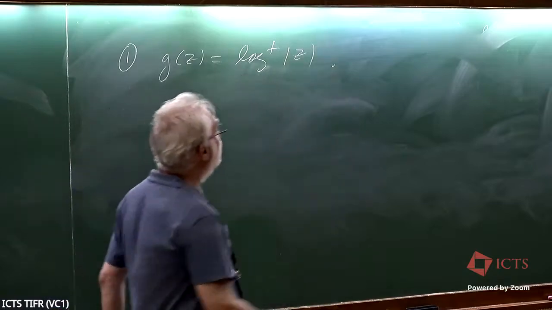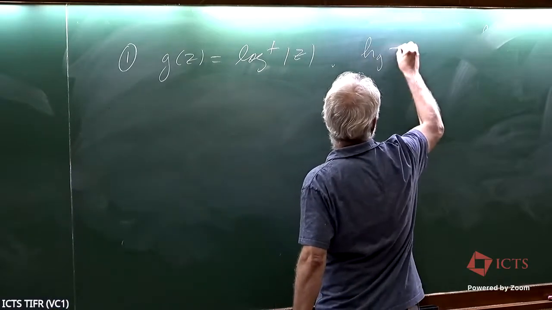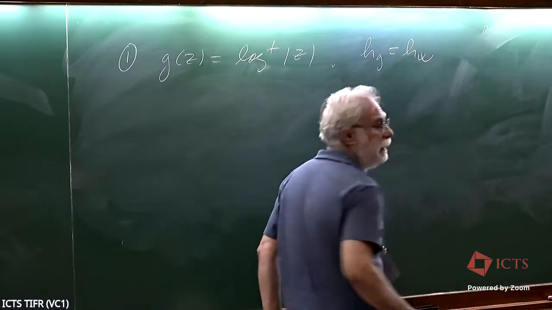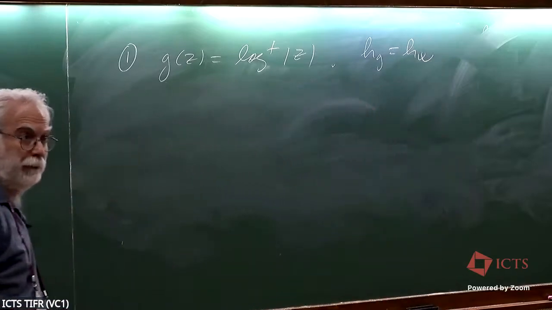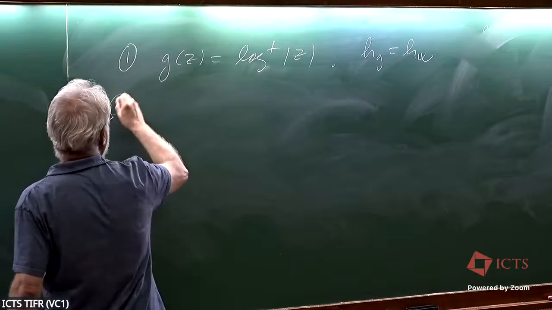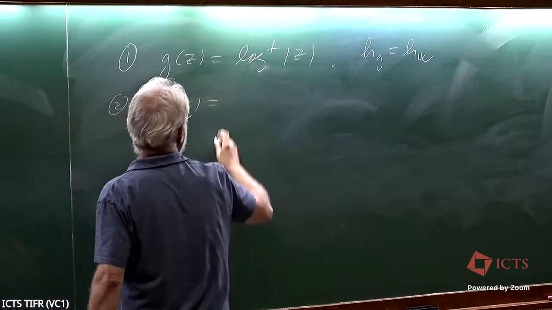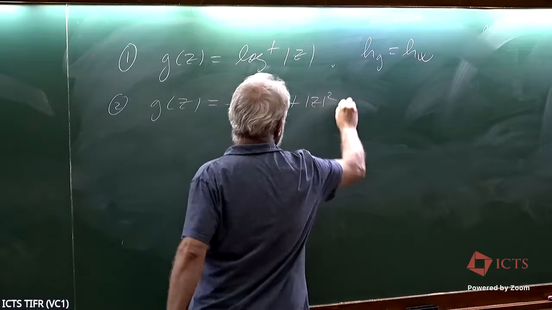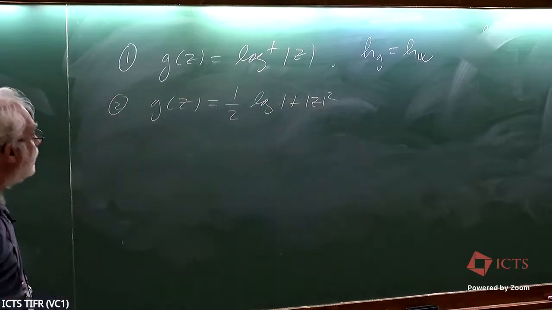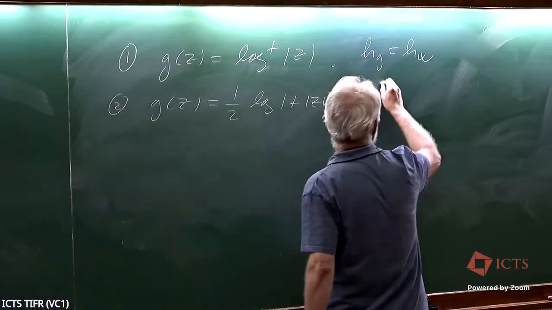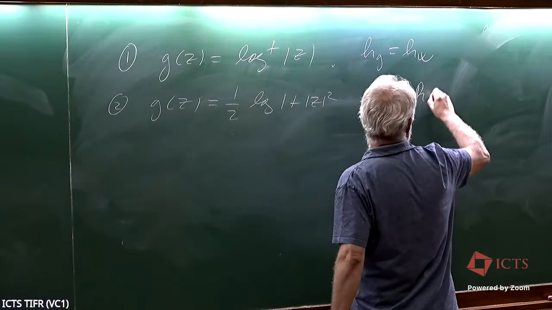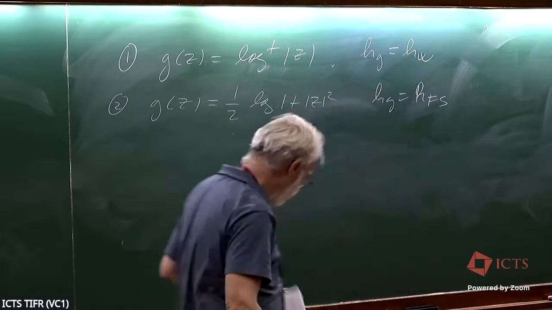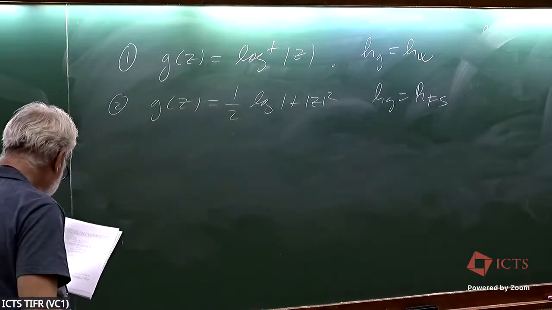In this case, the height I obtain is just the Weil height that we have defined before. Or I can define the function g of z to be just 1/2 log of 1 plus the absolute value of z squared. And then I obtain the Fubini-Study height. These are the easy examples.